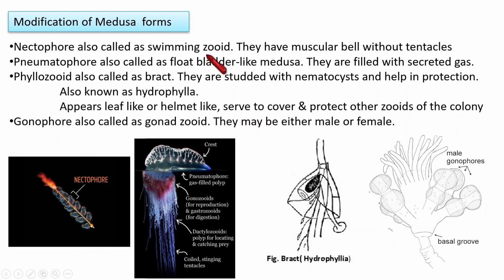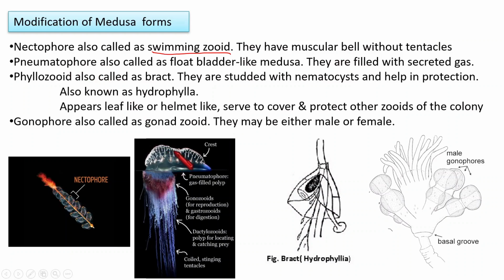It is a swimming zooid, and they have a muscular bell. They don't possess any tentacles also. That is its peculiarity.